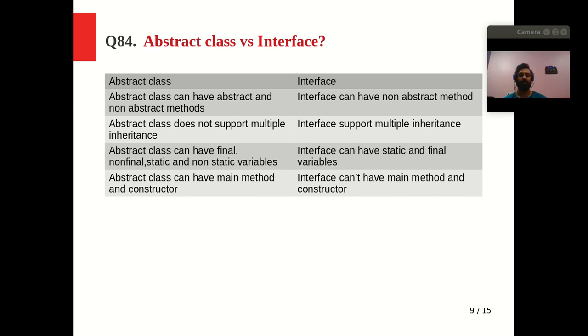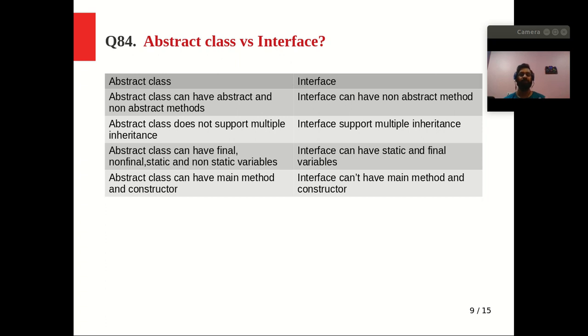But in an interface we go with the situation, let's say that in the initial stage we don't know anything about the implementation, we only know that there will be this kind of method and we have to implement it later. Then in that scenario we can go with the interface.